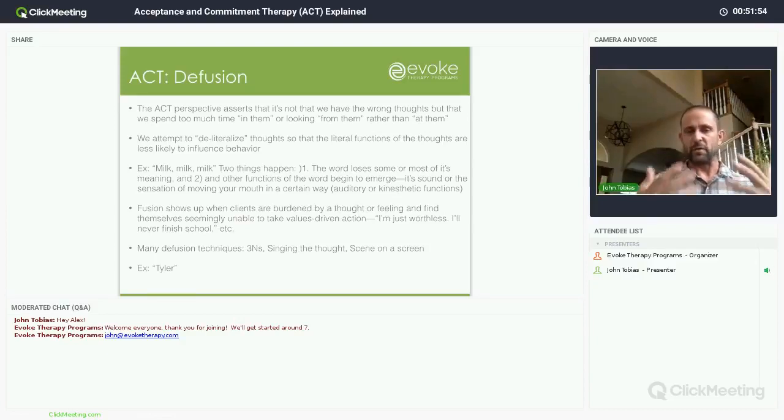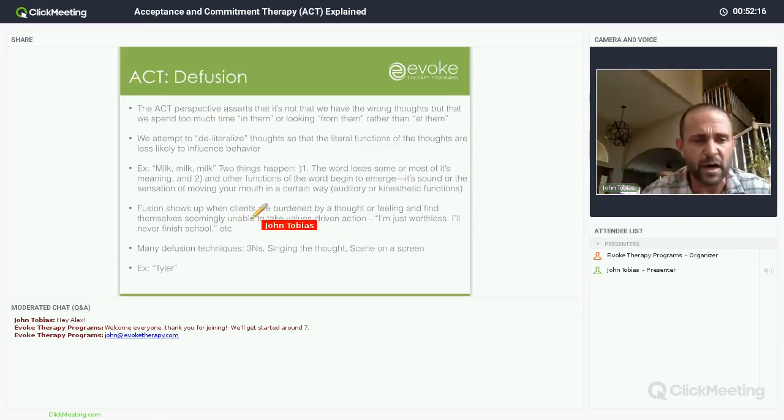So it's going from I notice I am worthless to I notice I'm having the thought that, right? Again, gaining a little bit of space between the observer self, or self as context, and the thought itself. And again, with that space comes choice and flexibility.